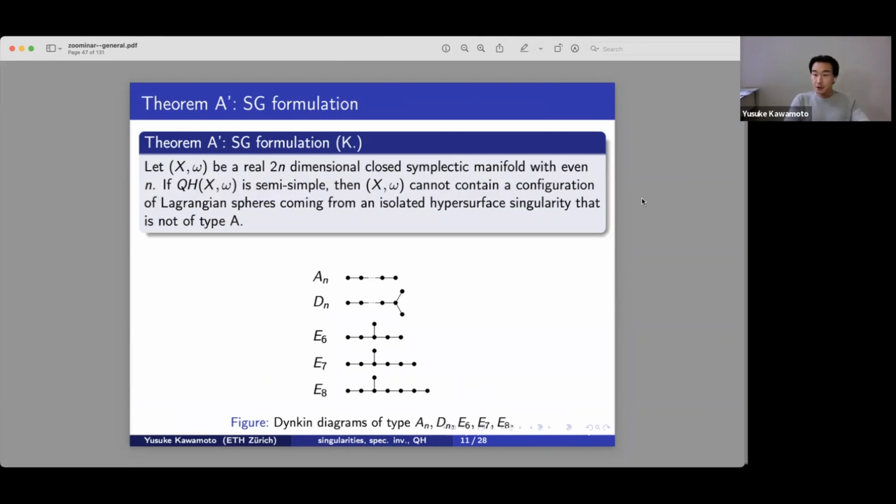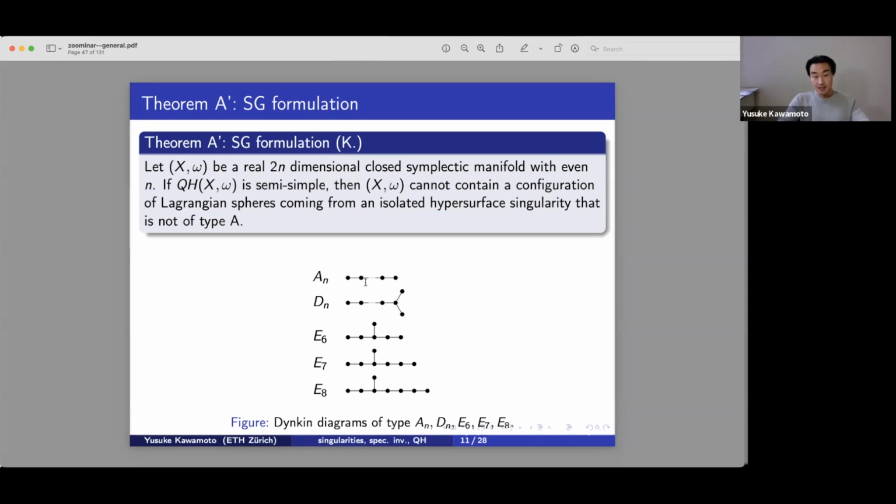Suppose you have a real 2n-dimensional closed symplectic manifold, (X, omega). And once again, we assume that the quantum cohomology is semi-simple. And then you cannot have configurations of Lagrangian spheres coming from an isolated hypersurface singularity that's not of type A. So once again, I put the Dynkin diagrams of ADE types.